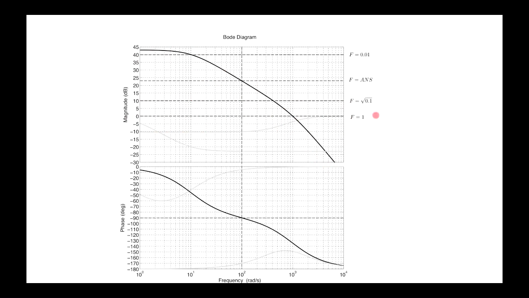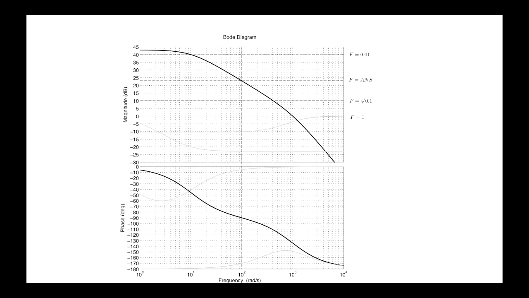And you can see for different values of F, you end up with different crossover frequencies. The crossover frequency will be here when F is this fraction of 1. It'll be here when it's this fraction of 1. It'll be here when it's this fraction of 1. So rather than moving this around, I've moved the 0 dB line around. That's all, to figure out how the crossover frequency changes as I change F.